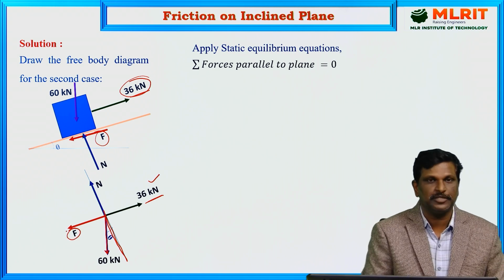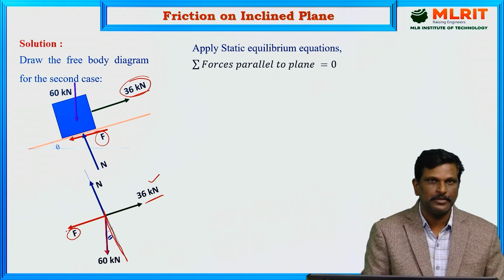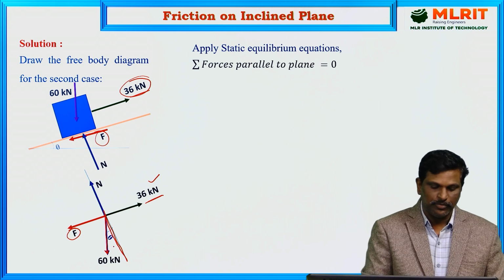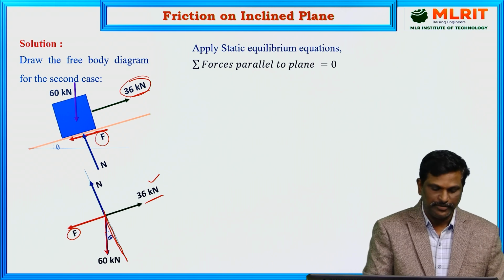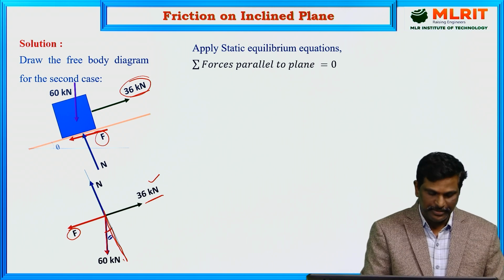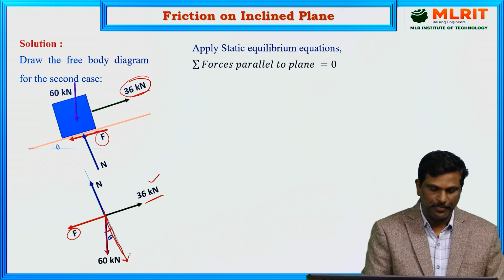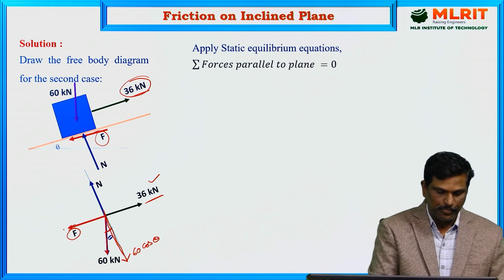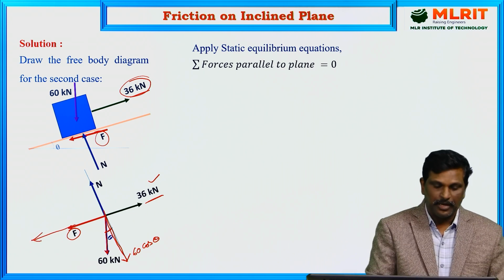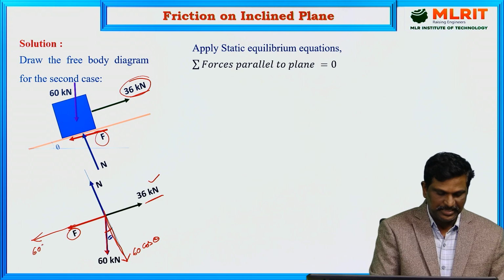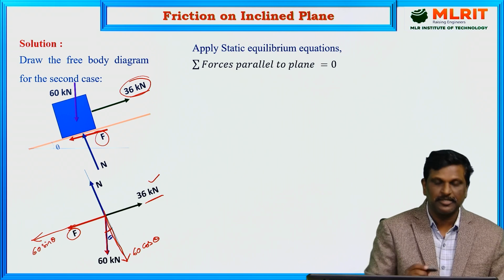F, the friction, is acting parallel to plane in the downward direction. Now find the components of weight. The weight component perpendicular to the plane is 60 cos theta, and its component along the plane is 60 sin theta.